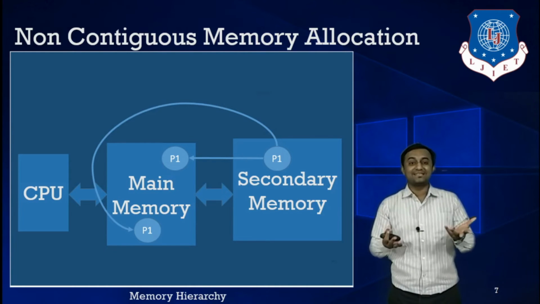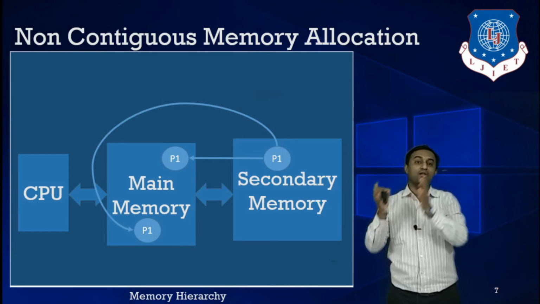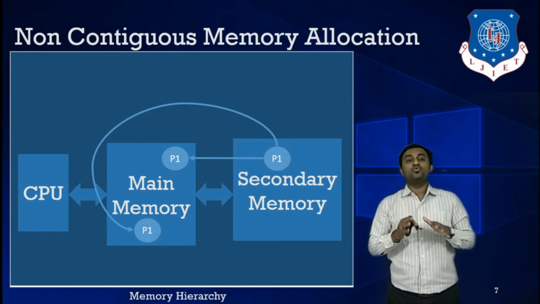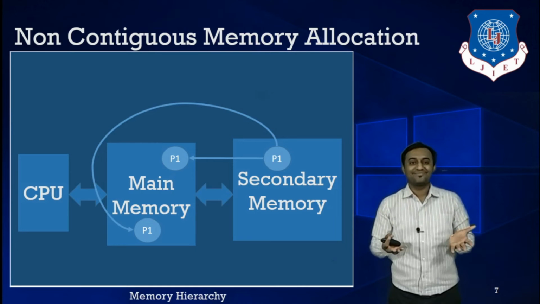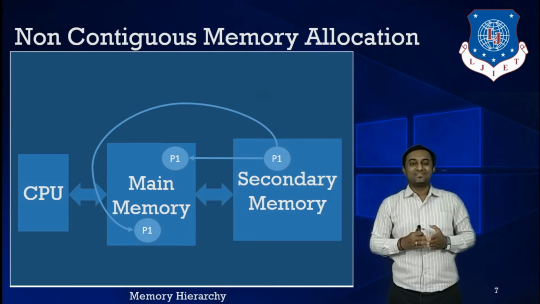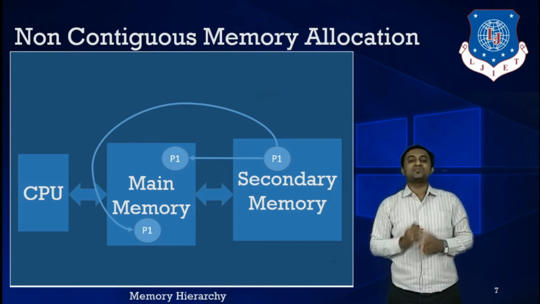So there are chances that the 10 KB process is shifted into main memory at different locations. That's why it is called non-contiguous memory allocation. So it is advantageous as compared to contiguous memory allocation.